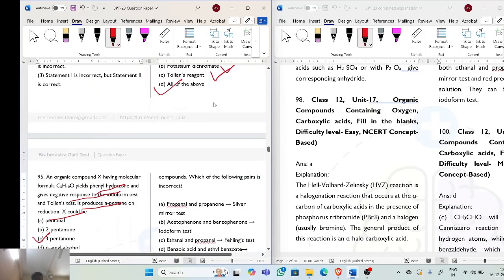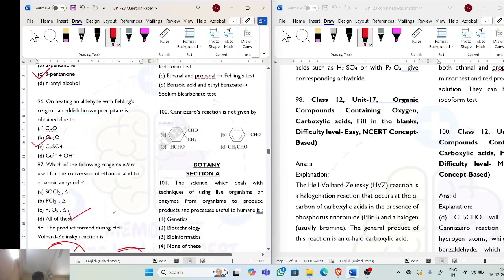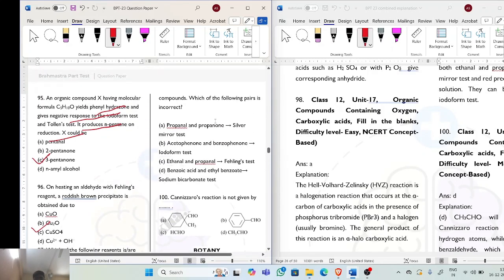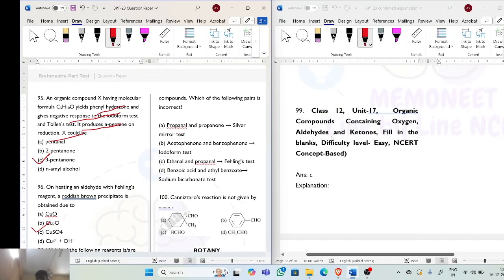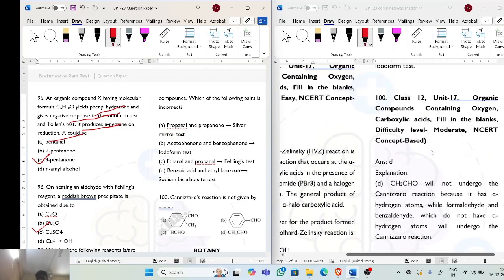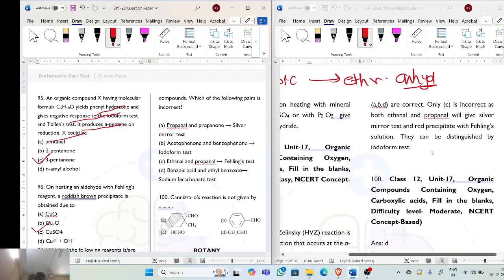Now question number 99. Several simple chemical tests are given to distinguish between the pair of carbonyl compounds. Which of the following is incorrect? Okay, so we have to tell which of the following is incorrect. So propanal and propanone by silver mirror test. This is definitely correct, because Tollens test can give positive with aldehyde but not with ketone.